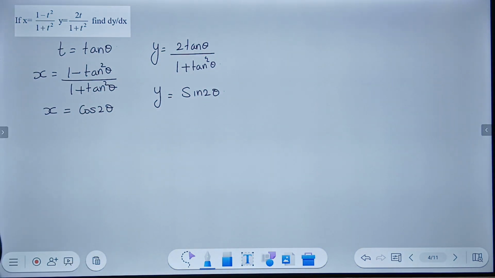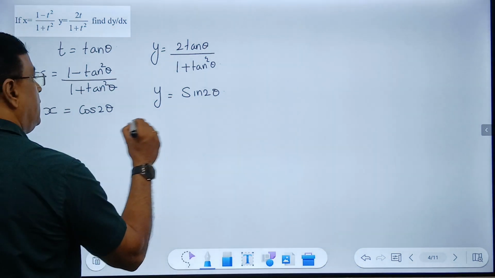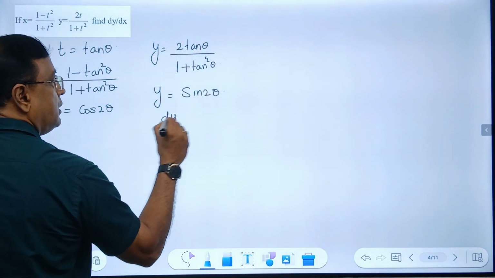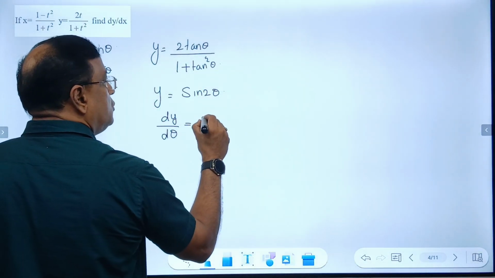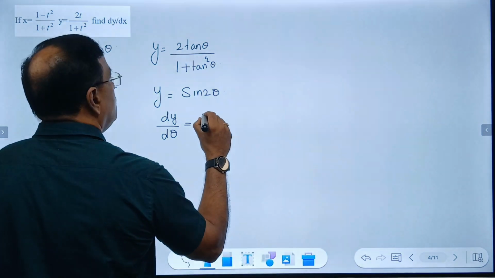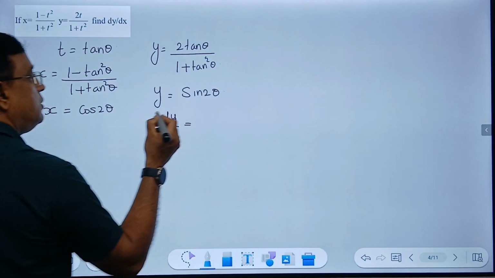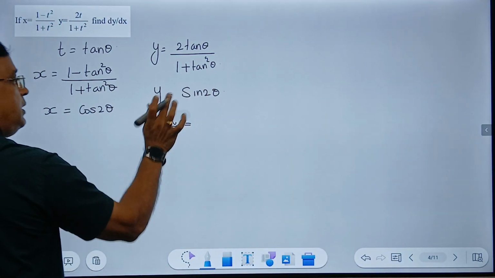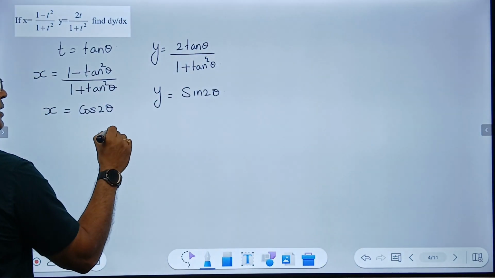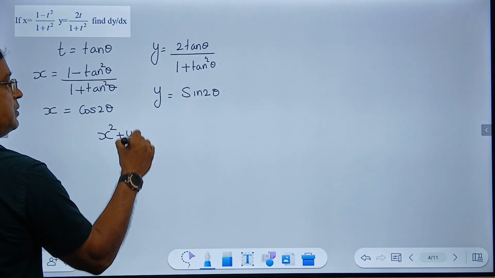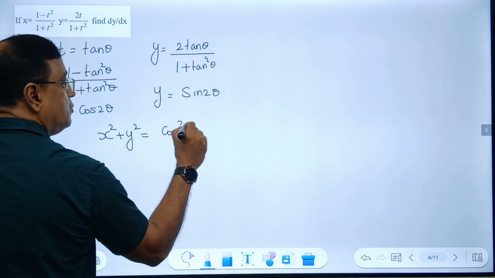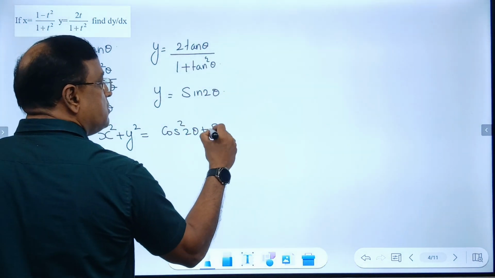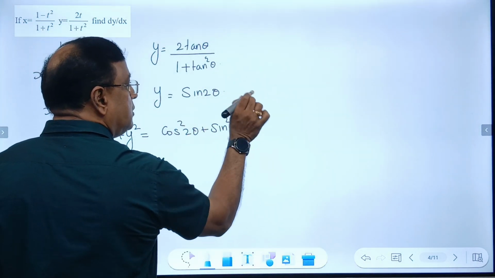Okay. So now what do you do? You just have to differentiate. Or if you want to do it in an easier way, I'll square and add: x square plus y square, which is nothing but cos square 2 theta plus sine square 2 theta.